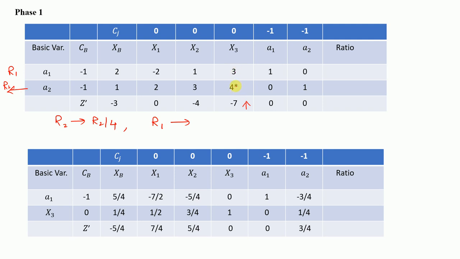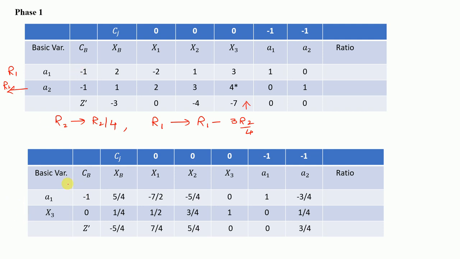It means first divide by 4 then multiply by 3. So you can write r1 minus 3 r2 by 4. r2 divided by 4 means it will become 1, multiply by 3 means it will become 3. Then you subtract it from this one, then in this way this will become 0. So these are the rules for new rows r1 and r2 with the help of old rows.